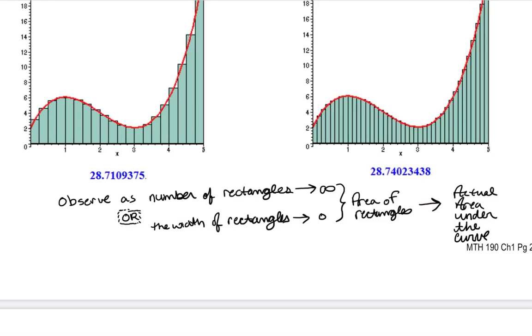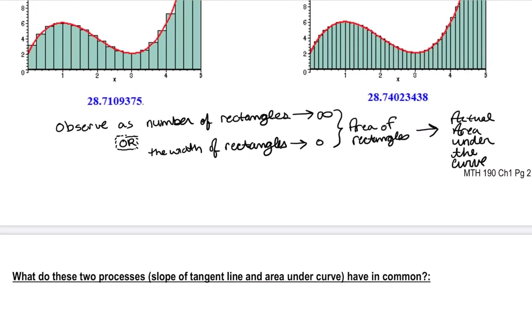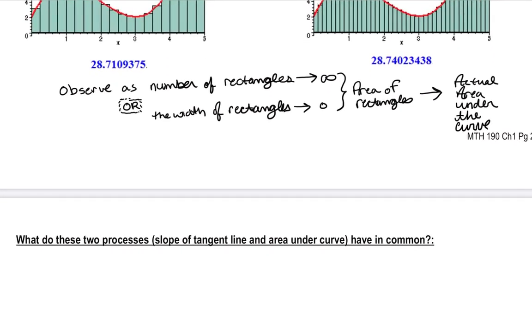Let x approach a, let n go to infinity, let the width go to 0. Both of these are really important fundamental processes that we're going to be studying this semester, and both of these rely heavily on this concept of the limit.